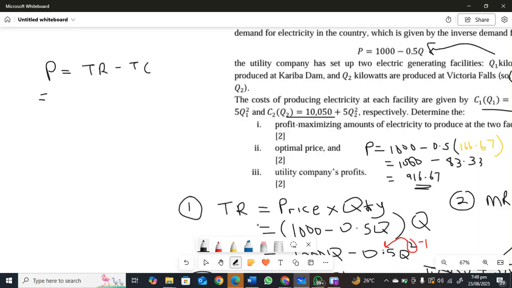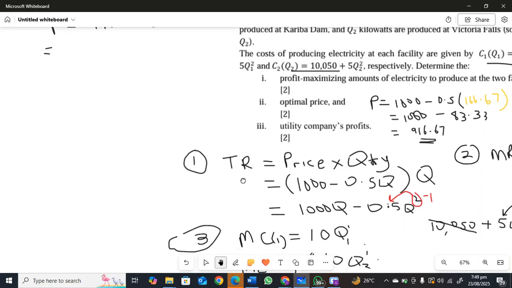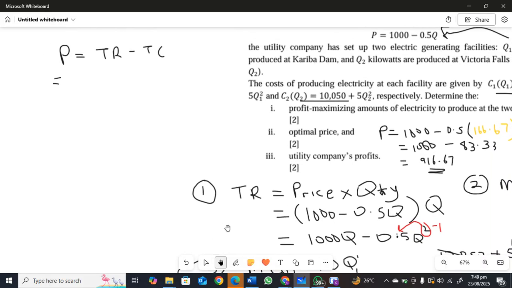The revenue function was 1000Q minus 0.5Q squared, minus total cost.